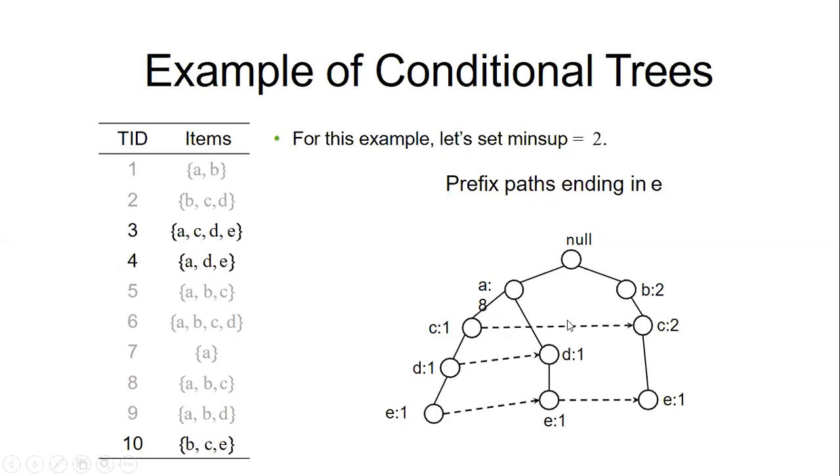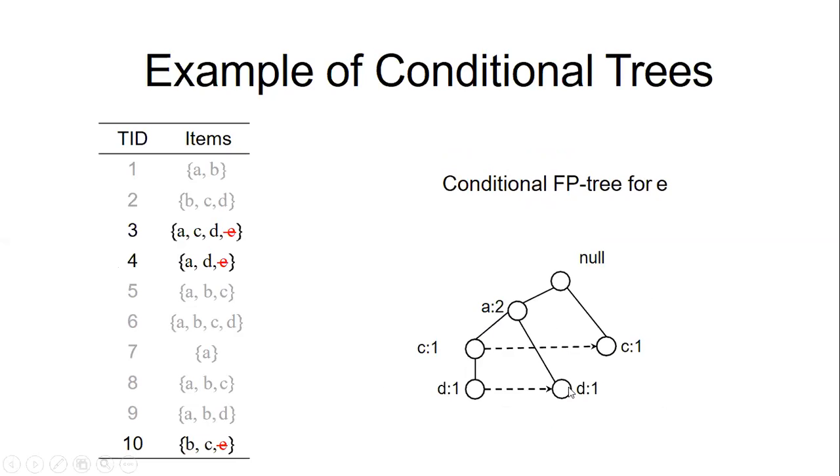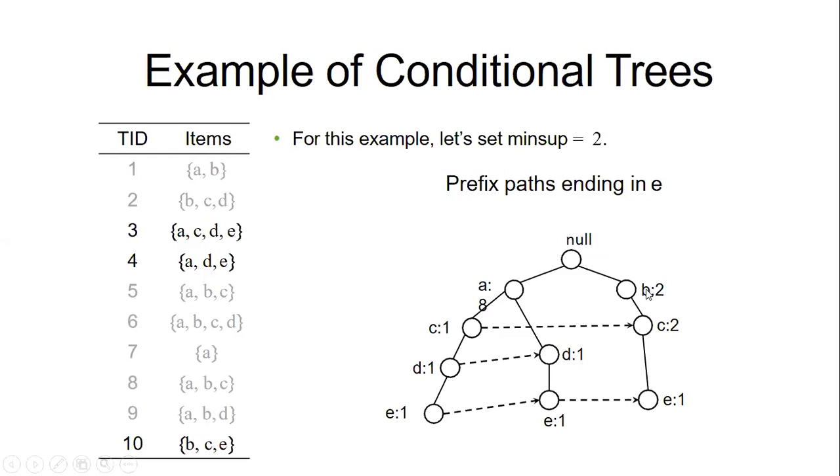Next, what do we do? We will cut off the E, because we have to find the conditional FP tree for E. So here, what I have done is take the prefix paths ending in E, 3 paths.